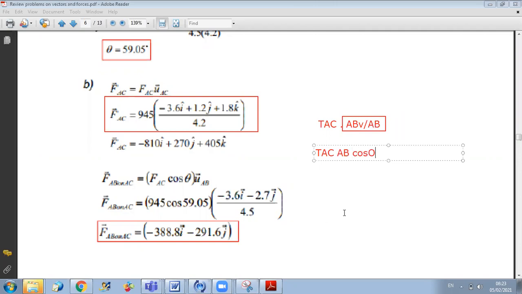But the projection of TAC is only TAC cosine theta, okay? This is why you should divide by AB to obtain the component of projection, which is equivalent to multiplying by the unit vector of AB, okay?